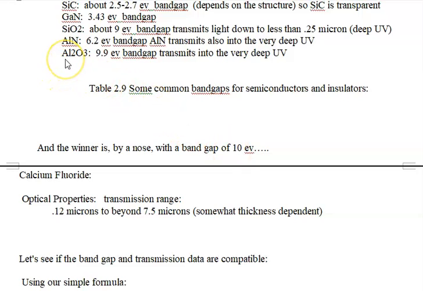Notice that aluminum is light, oxygen is light. Most oxides have very wide band gaps. Silicon dioxide we would expect to have a band gap less than sapphire because aluminum is lighter than silicon. So all that makes sense.